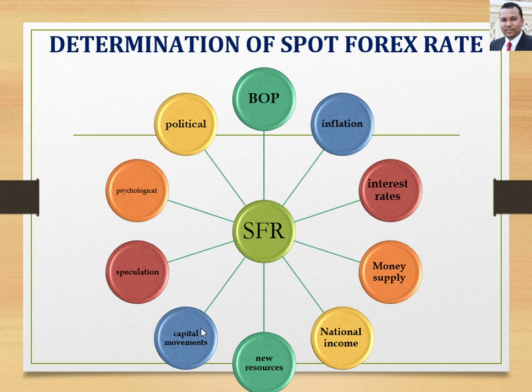Capital inflow leads to higher demand for the domestic currency and increases its value. Capital outflow leads to lower demand for the domestic currency, decreasing its value and increasing the value of foreign currency.